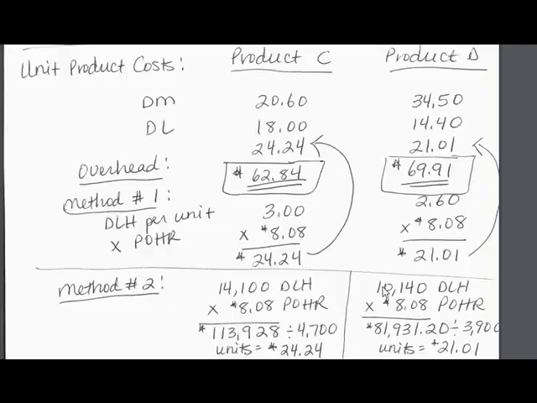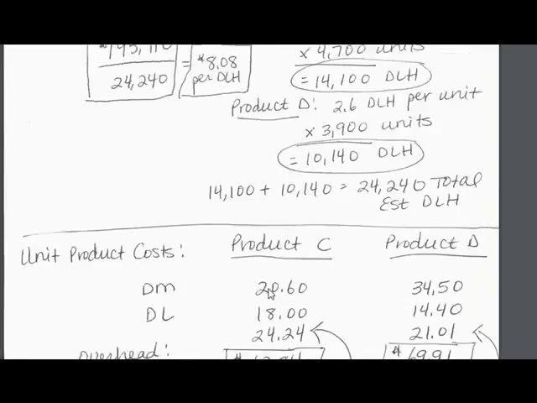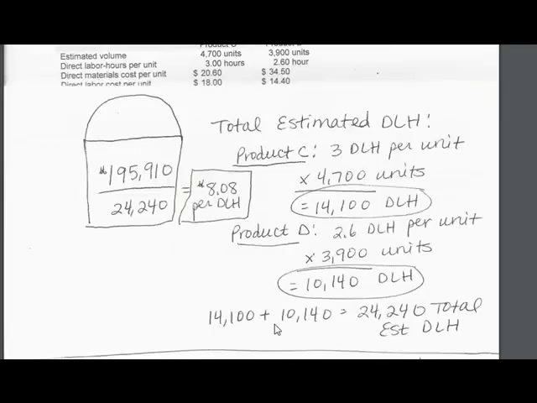The other way I could have calculated it is to take the total number of direct labor hours, 14,100, to make all the units of product C, and I had calculated that up here in the first part of the problem.